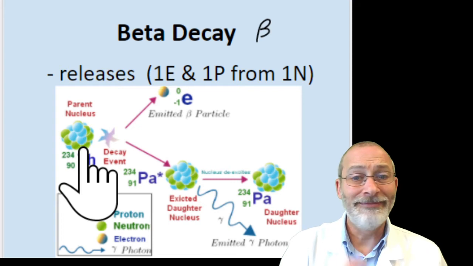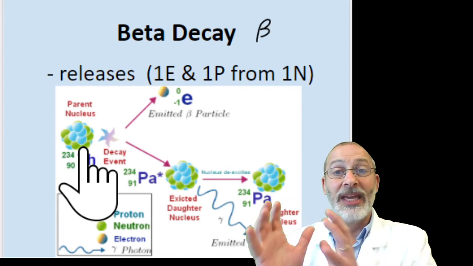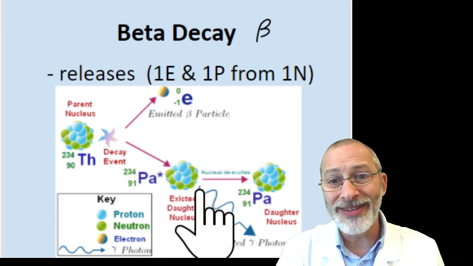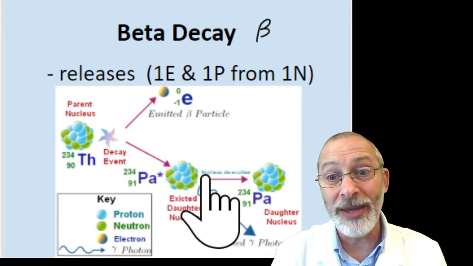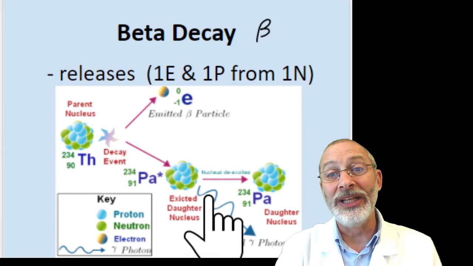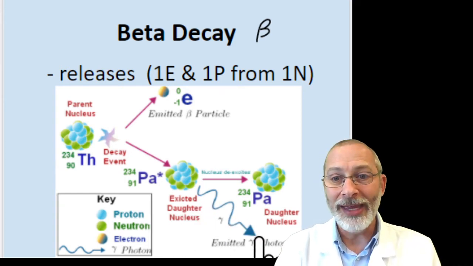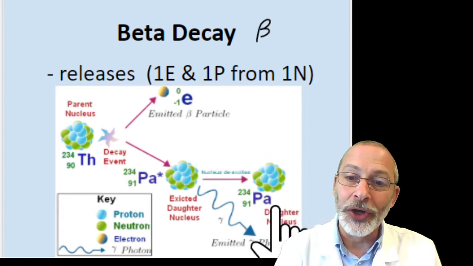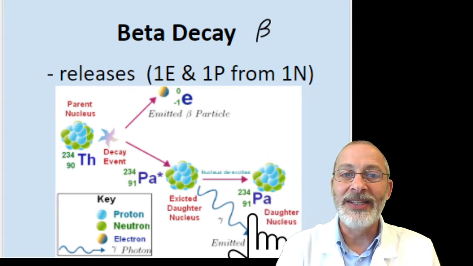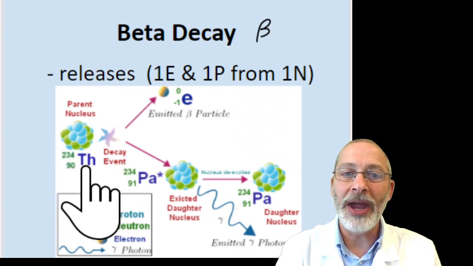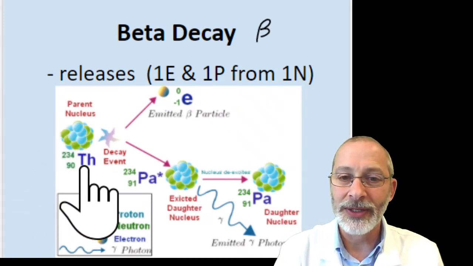So it gets more complicated than this. The resulting daughter nucleus is still unstable and ends up releasing a gamma ray, and the daughter nucleus has a different makeup than the original parent nucleus.